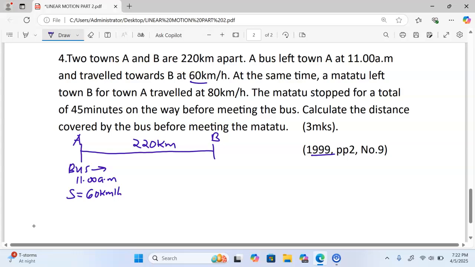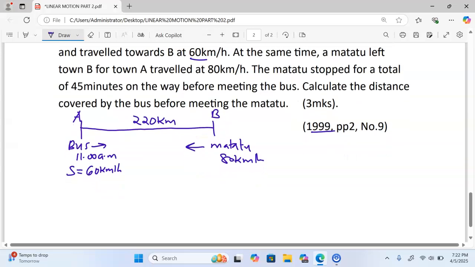We also have a matatu at point B that is moving towards A, and the matatu is traveling at 80 kilometers per hour.